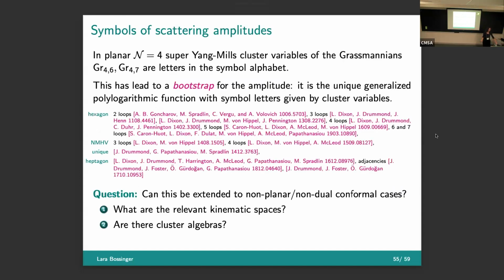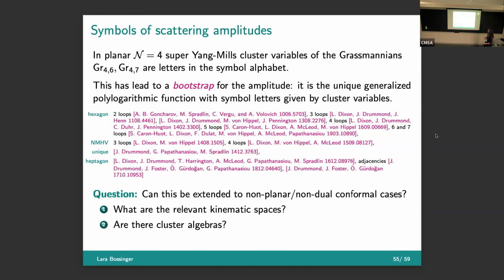And this has led to the bootstrap that Rowan mentioned yesterday. So first, there was an observation by Mark and collaborators that in the Grassmannian Gr(4,6) and Gr(4,7), cluster variables of the cluster algebra predict the symbol alphabet. They coincide. And then the bootstrap program is the following.